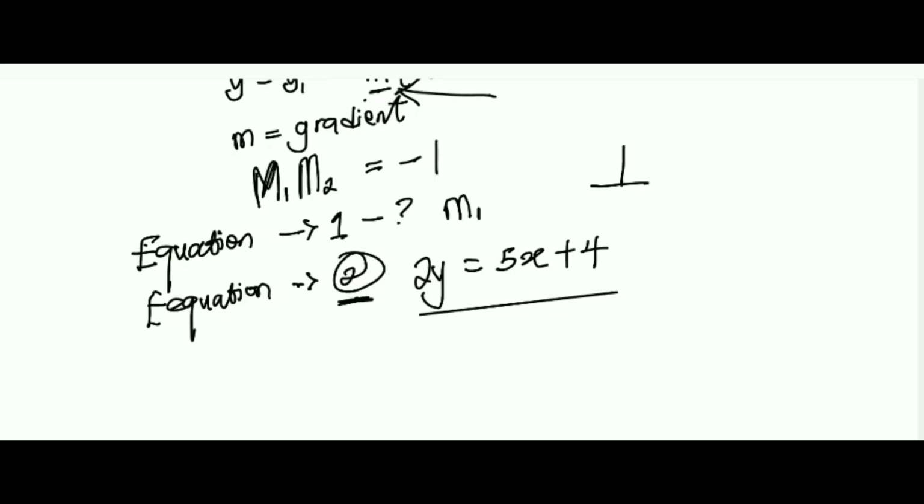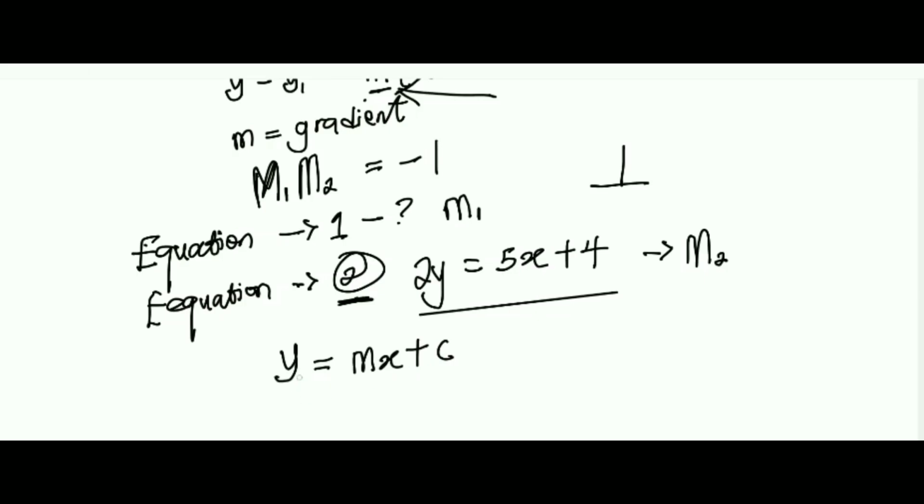So let us find the gradient of this equation. The gradient of this equation, let's call it m2. To find the gradient of this equation, 2y equals 5x plus 4, we would express this in the gradient-intercept form. Every linear equation can be expressed in this form: y equals mx plus c.